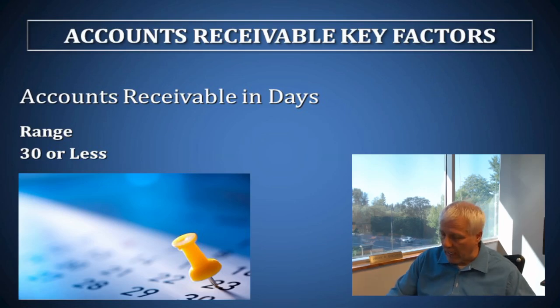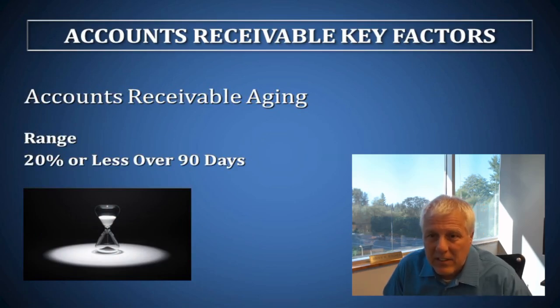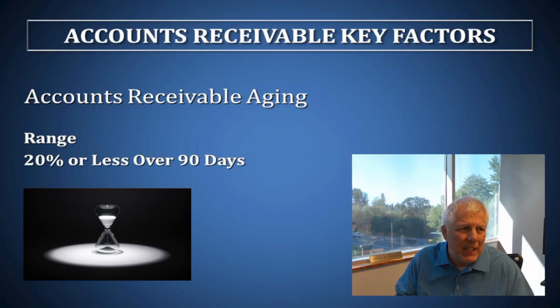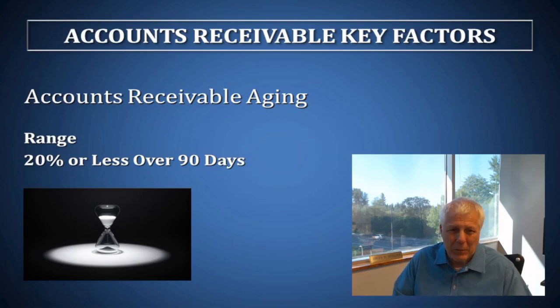So 30 days or less, very low, doesn't necessarily mean a good thing. You want to look at your treatment acceptance. Accounts receivable aging range, 20% or less over 90 days. Usually, if you're under 30 days, over 90 days is going to be 20% or less. It's just kind of math.